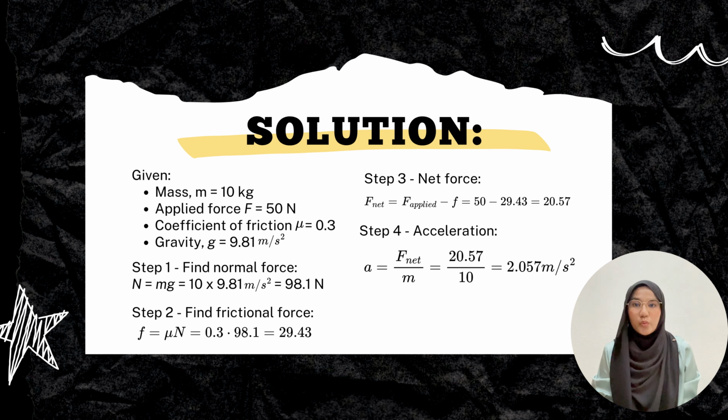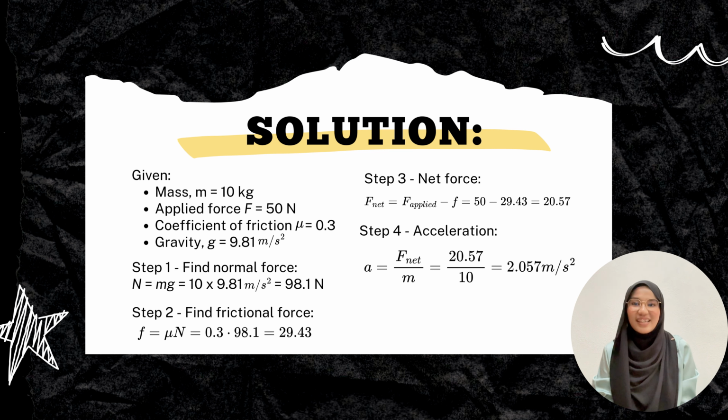Moving to step 2, we calculate the friction force. Friction is found by multiplying the coefficient of friction by the normal force. That's 0.3 times 98.1, which equals 29.43 newtons. Step 3, we determine the net force acting on the box. To do that, we subtract the frictional force from the applied force. So, 50 newtons minus 29.43 gives us a net force of 20.57 newtons.